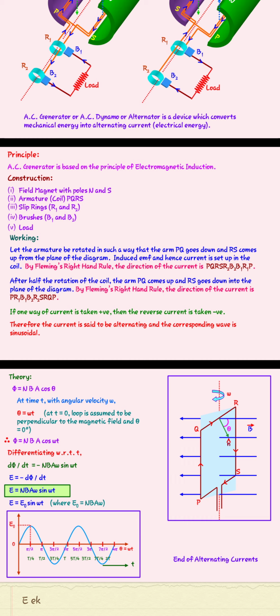The EMF produced depends first of all on the number of turns, which is fixed, the magnetic field, which is uniform, and the area of the coil. So the only component that will change is the rotation of the coil. That means theta will change, then we are able to get different values of the EMF.